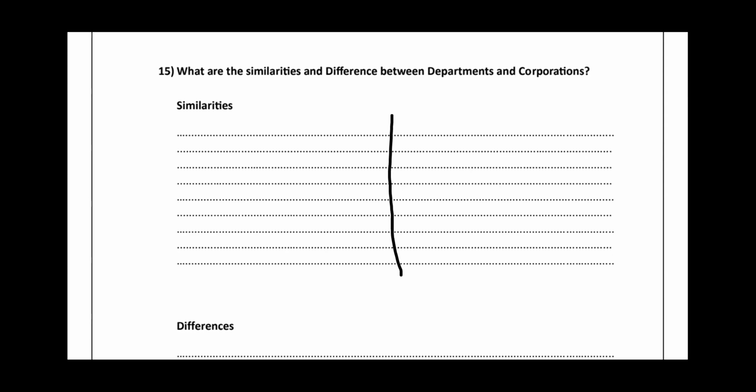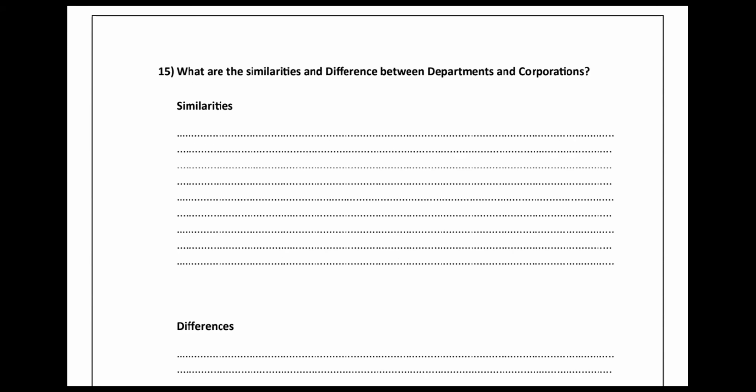So here you should have departments and here corporations. Similarities: you don't need to put a table. The first similarity is both of them are public sector businesses. Both are public sector businesses. The next one is relatively high attention is given to public welfare. That is the second one.